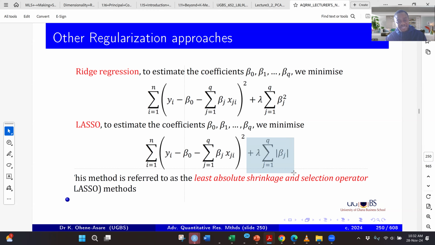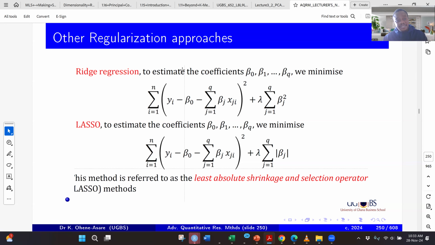And this method is referred to as the least absolute shrinkage and selection operator. This is another approach. I'm not going to go into the nitty-gritties of how to find it. You might never use it unless you are in a very quantitative area where you have to handle multicollinearity, heteroscedasticity, and autocorrelation issues.